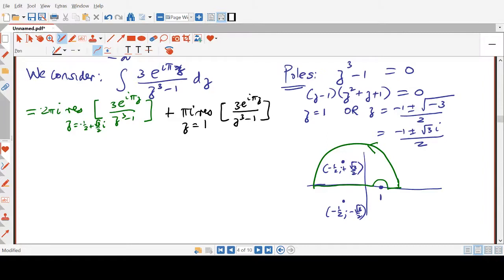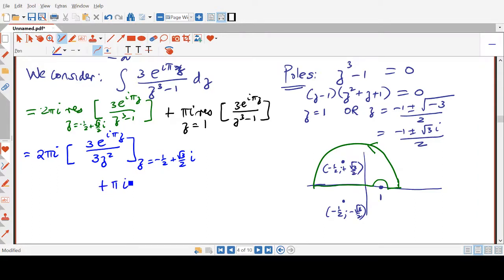So now to work out the residue, that's 2 pi i. Okay, so we can differentiate the denominator: 3e to the i pi z over 3z squared, and I substitute minus half plus root 3 over 2 i.